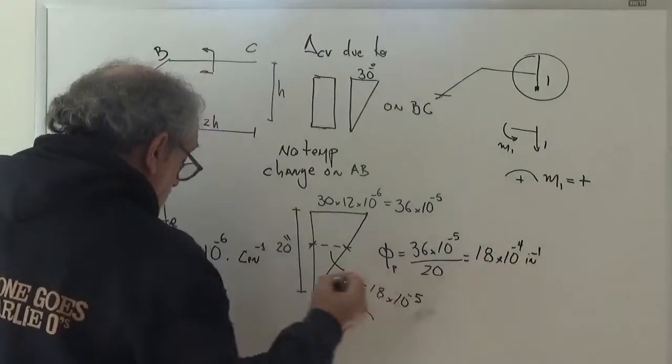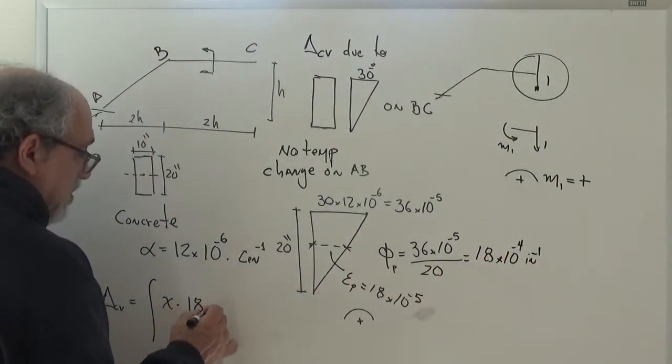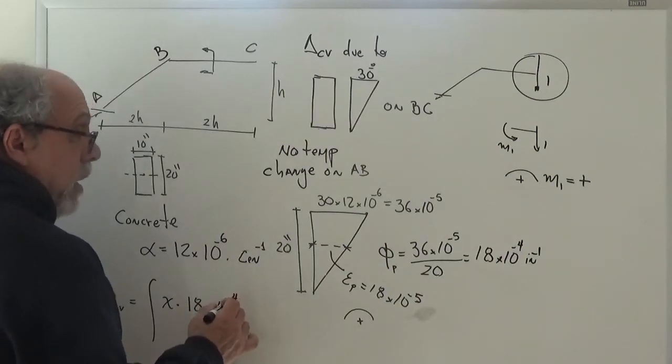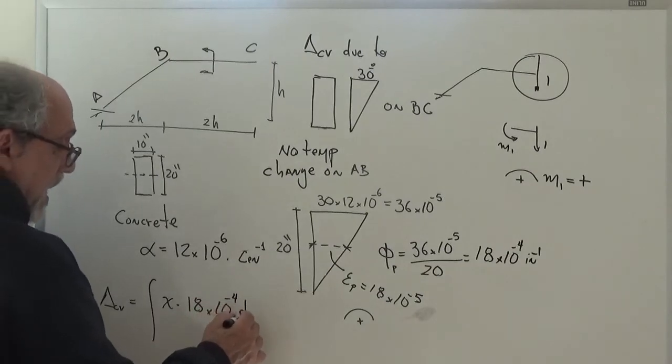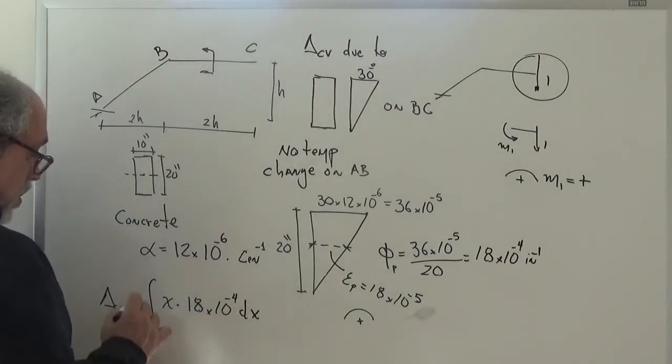So we have M1, which is X, and then MP over AI, which is the curvature due to the effect, is just 18 times 10 to the minus 4, right? No AI, nothing, that's the curvature. dx, and then it's from 0 to 2h.